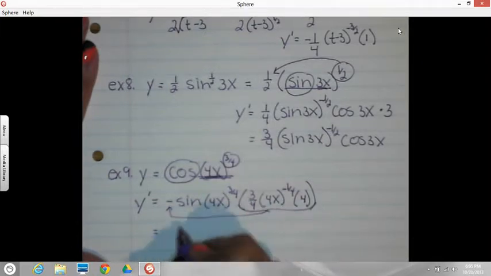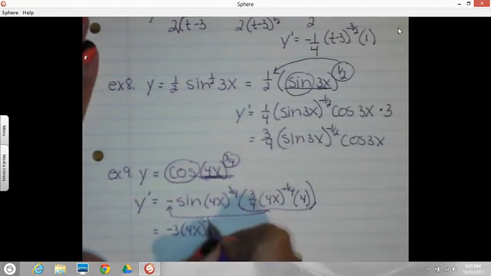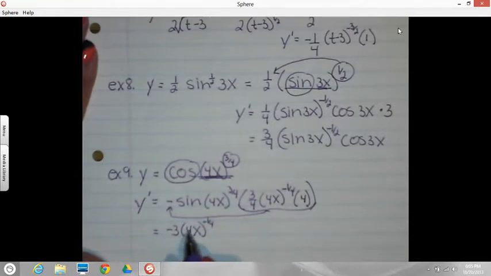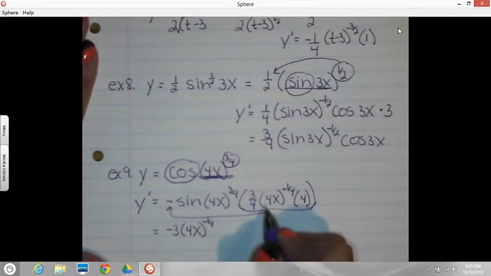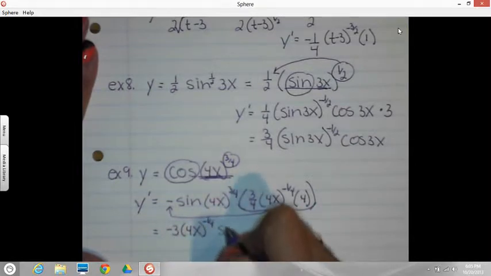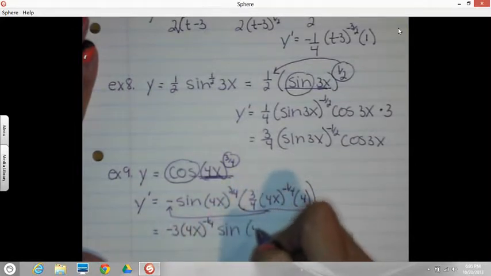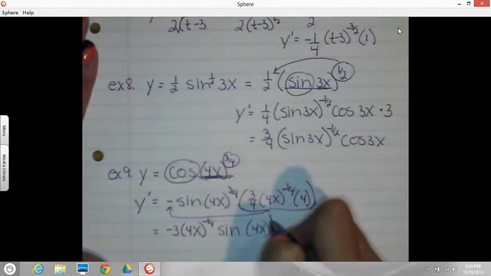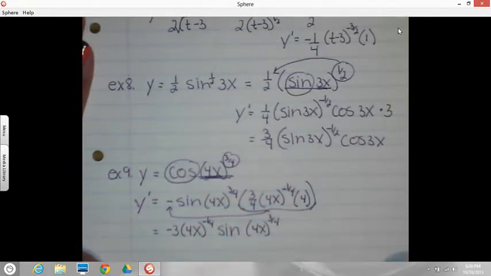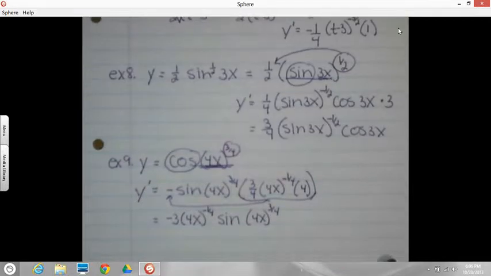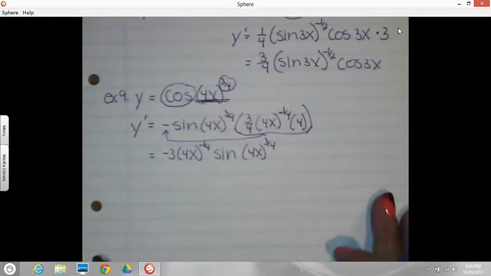So I'll have negative 3 times 4x to the negative 1/4. I can't multiply the negative 3 and the 4 because the 4 is trapped inside of those parentheses with that exponent. So then sine of 4x to the 3/4. Those are a little tricky, but the more you do them, you will get very good at them.